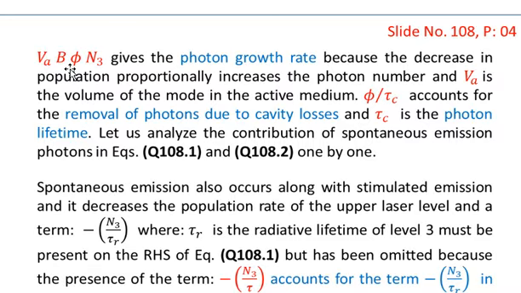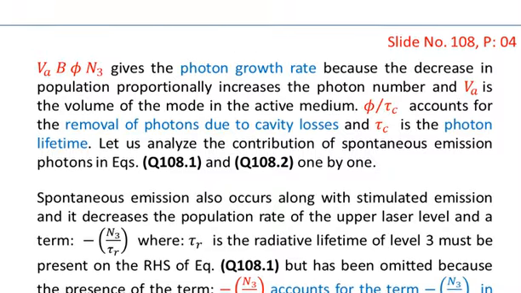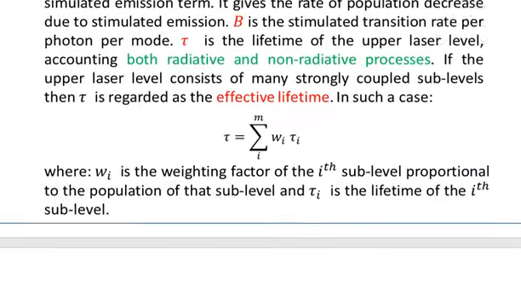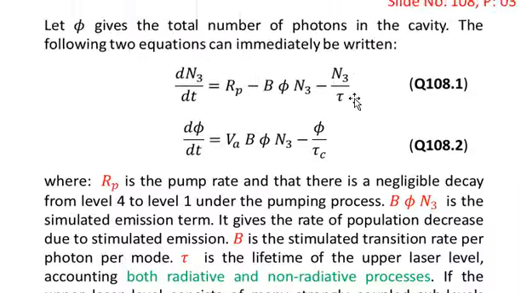Now we talk about Va times B times phi times N3. This term is present on the right hand side in equation number 2, the rate equation of photons.